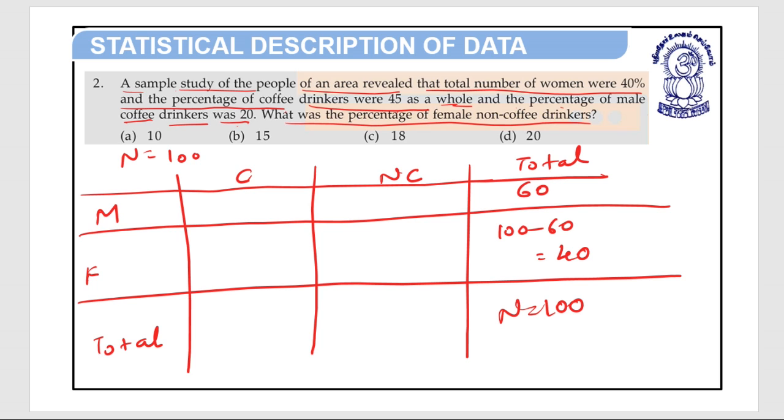Here the percentage of male coffee drinkers was 20. 20 is given. So coffee drinker C, 60 minus 20 is equal to 40. Okay.